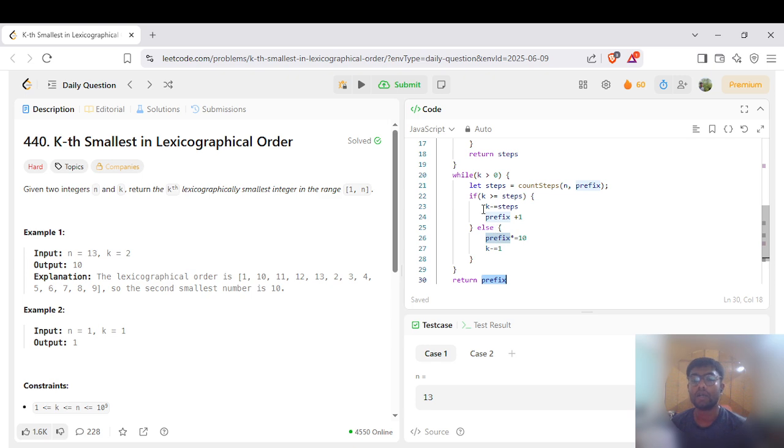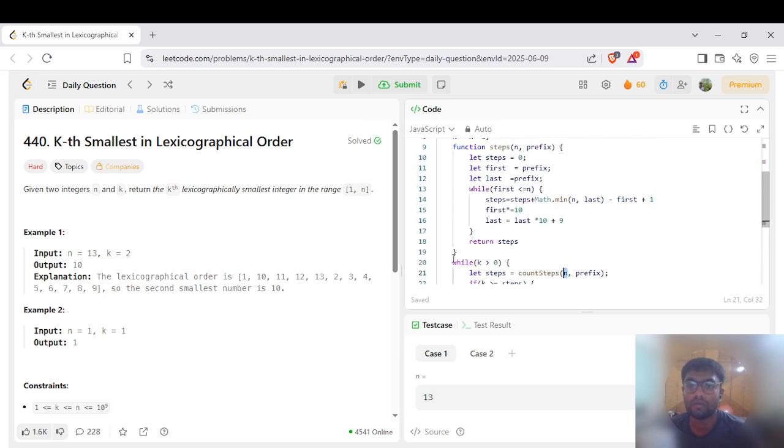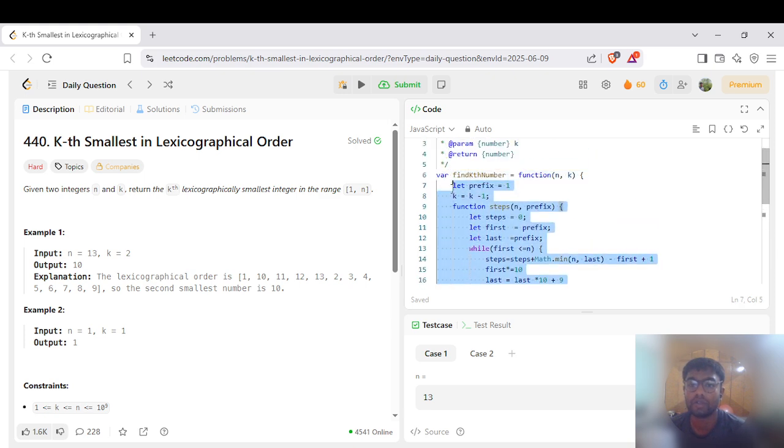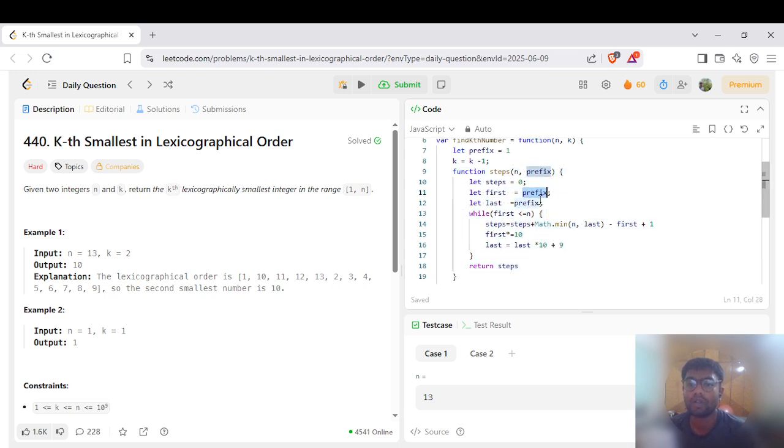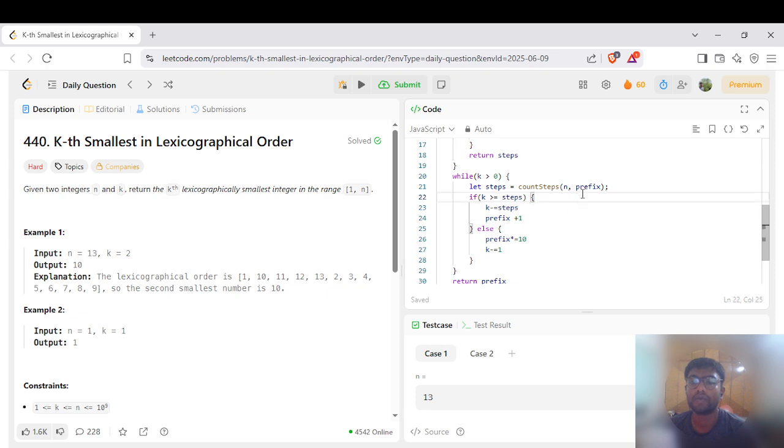Here we calculate the steps which lie within the range of numbers that we should generate. Let's say 13 would have one order, and that is done here with respect to this function which returns the second order.